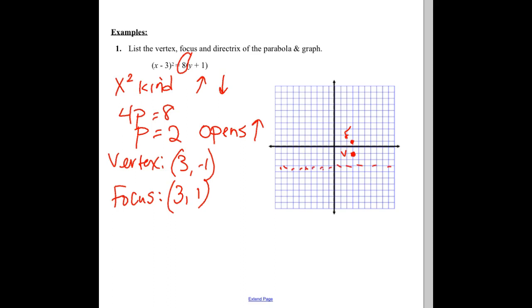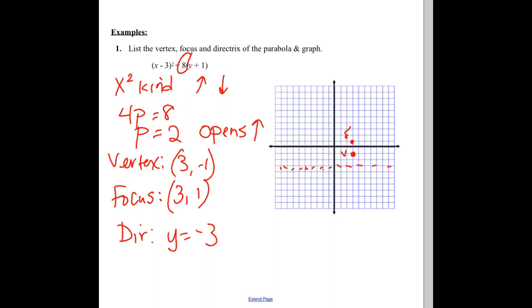What's the equation for that line? Y equals -3. Okay. So we've identified the vertex, the focus, and the directrix. Yes? We've got our graph almost finished.